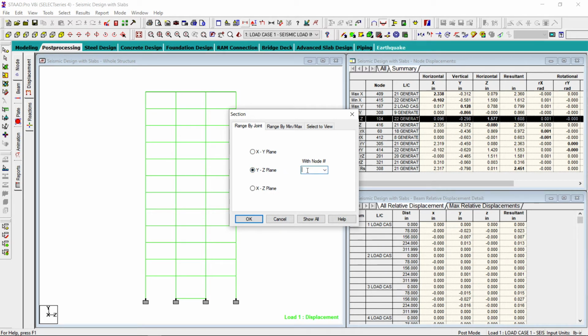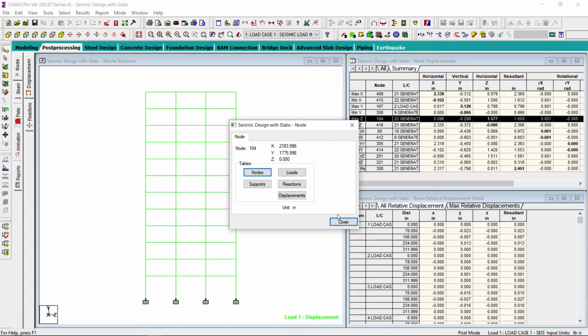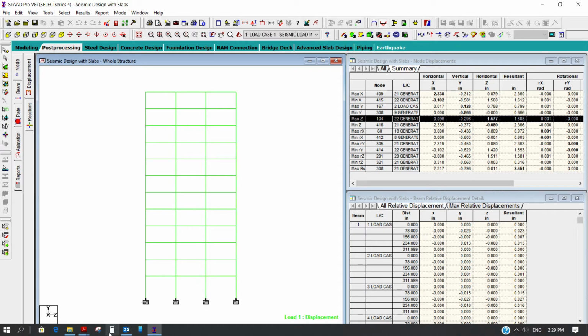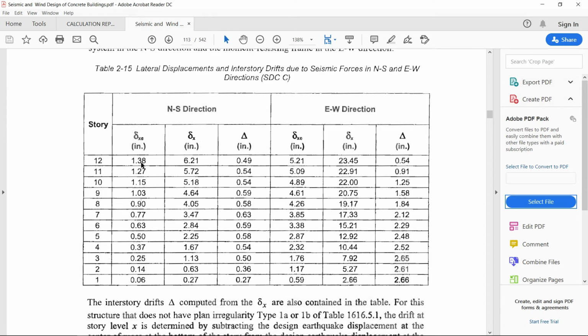So here this is node number 104, and the maximum displacement in Z direction is 1.577, whereas here it is 1.38. Well, it's a little lower, we can say okay, we can live with that. Now let us check in the east-west direction.